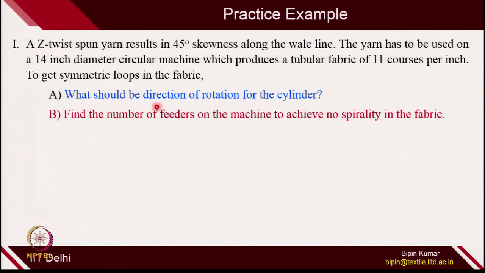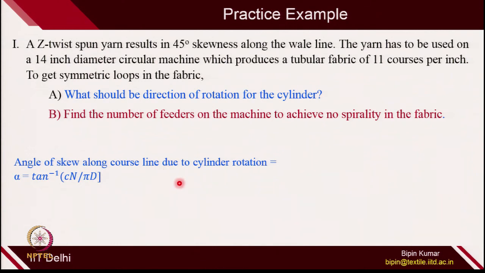The first one, what should be the direction of rotation of the cylinder. So, here you are using jet twisted yarn, and jet twisted yarn, according to the relations we have already defined, provides positive spirality.